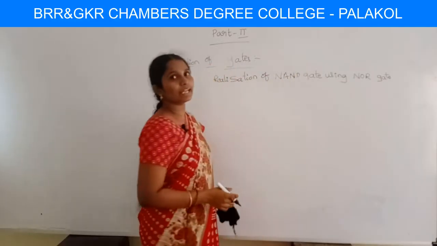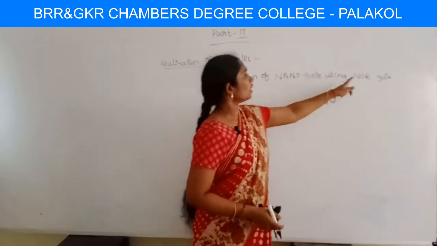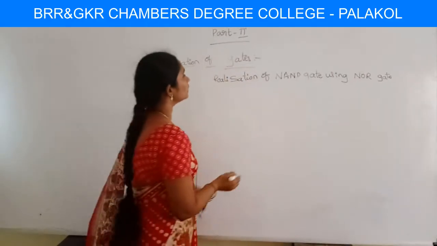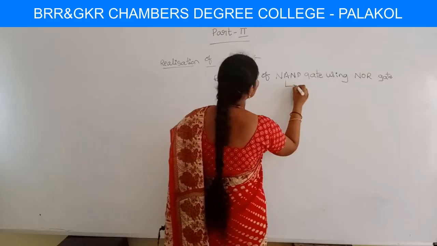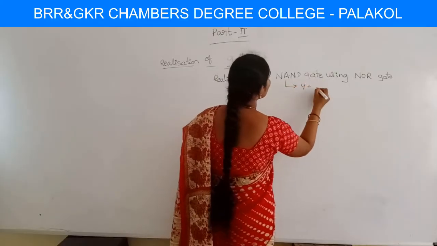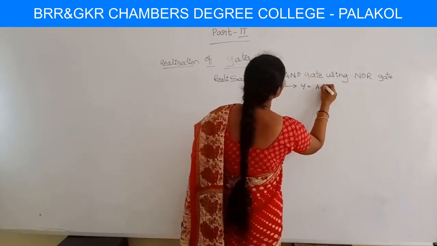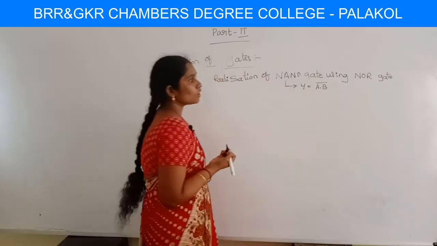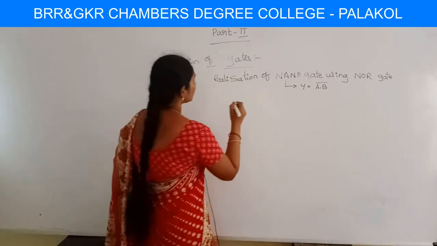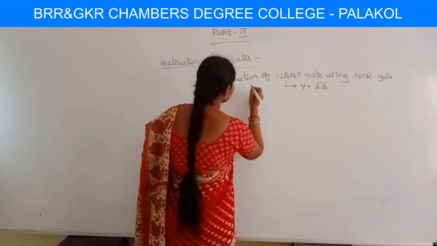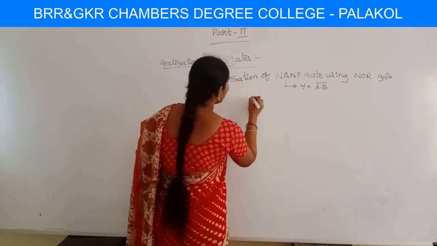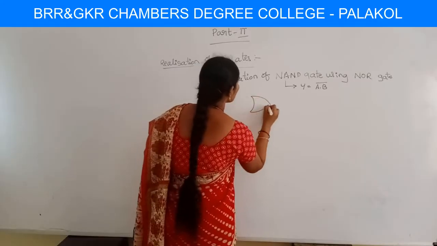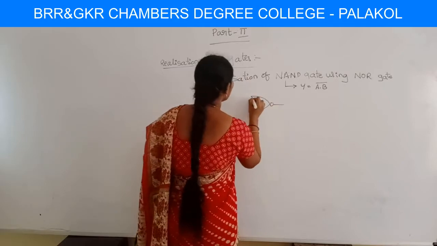We have to realize the NAND gate using NOR gate. So here the NAND gate output is Y is equal to A dot B whole bar. So how to derive this? I consider a NOR gate. So here this is a NOR gate.